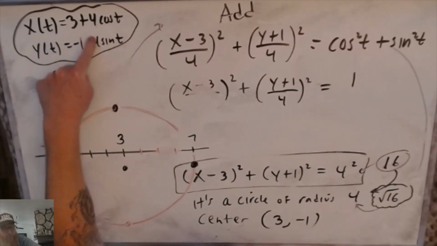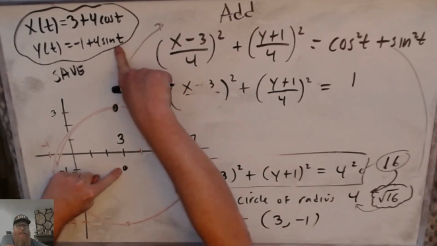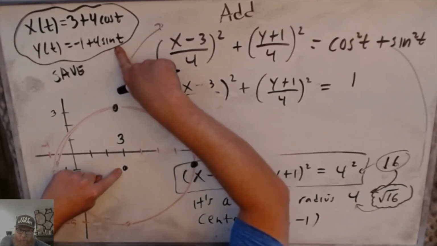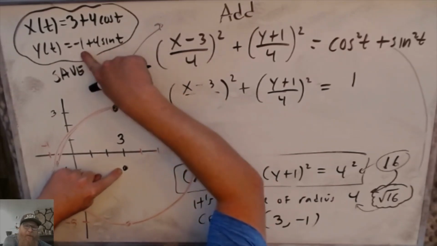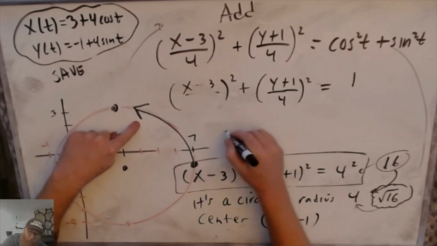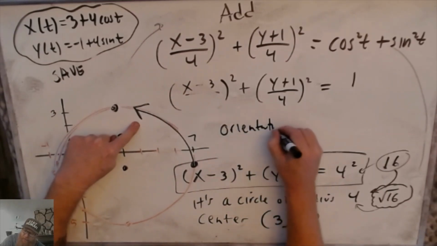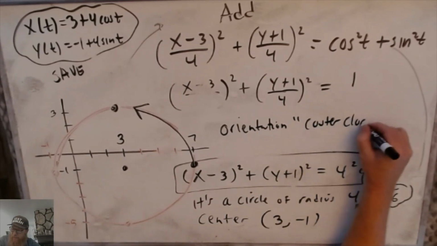So 3 plus 0 puts you here at 3. All right, and then now do sine. Sine of pi over 2 would be 1, and then 4 times 1 is 4, and then plus negative 1 is 3. So that puts you here. And so your orientation, the most common orientation, is counterclockwise.